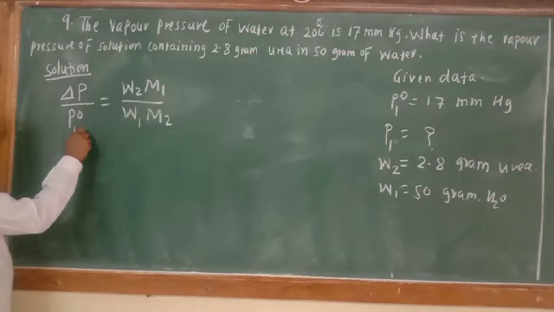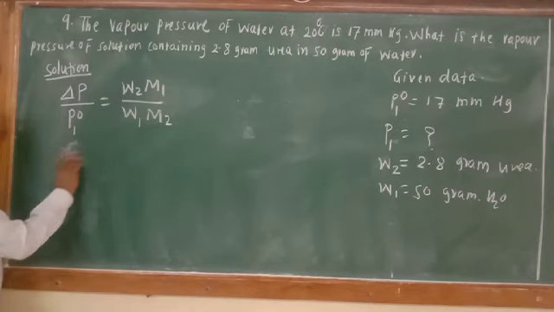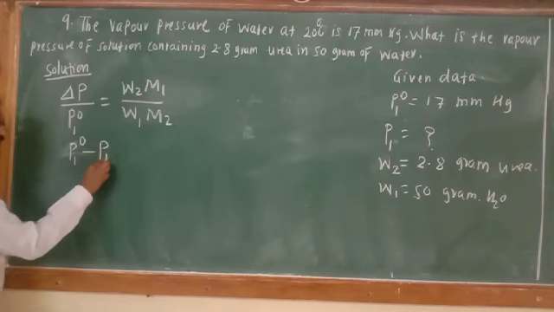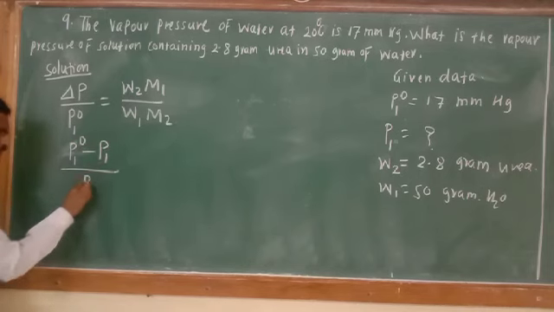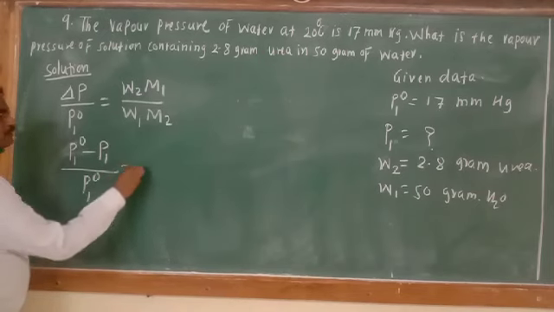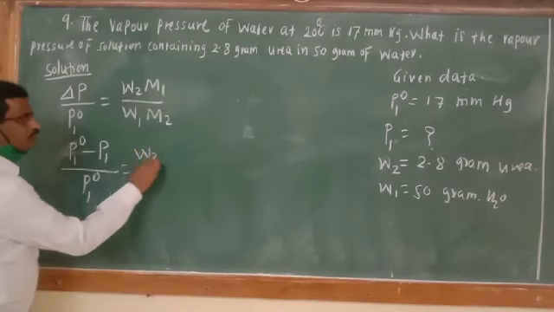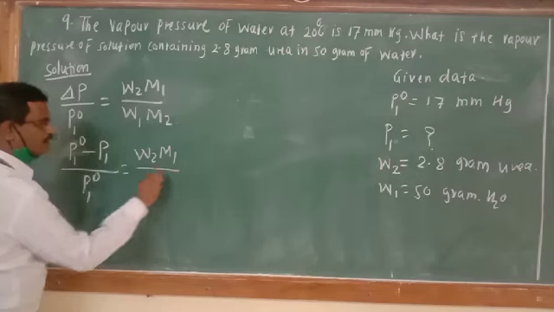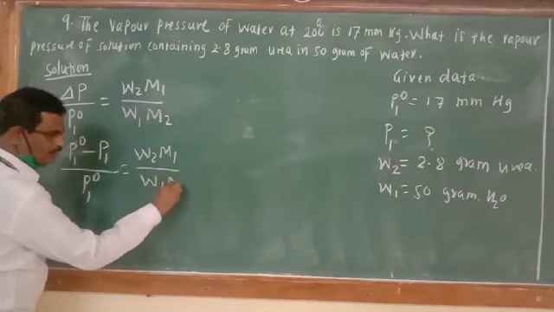If this is solved, what we will get? Delta P is nothing but P1° minus P1, divided by P1°, equal to W2 M1 divided by W1 M2.